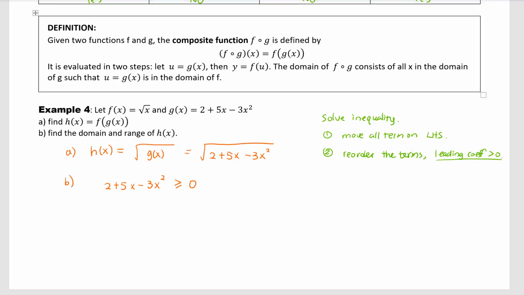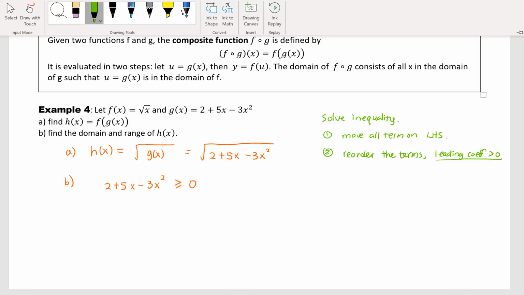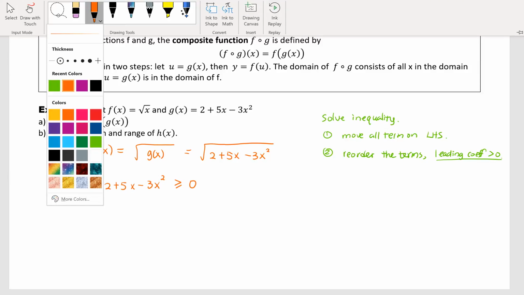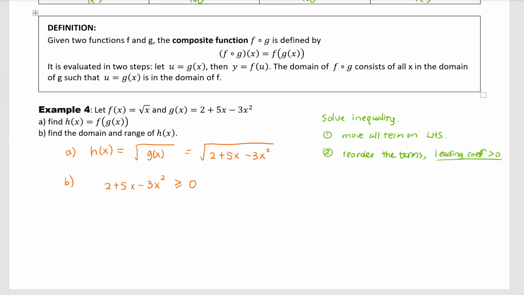So in our example here, we have already moved all the terms to the left hand side, right? And we want to reorder them. So we order them, then we have minus 3x squared plus 5x plus 2 greater or equal to 0.